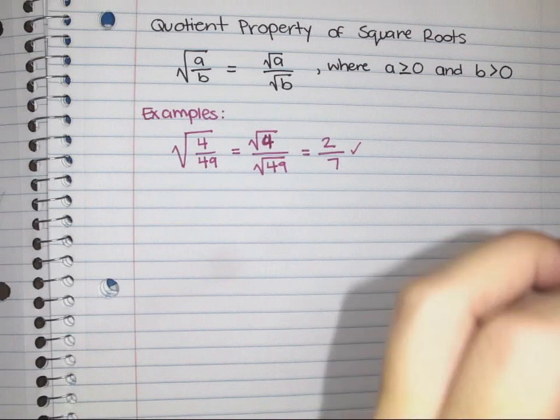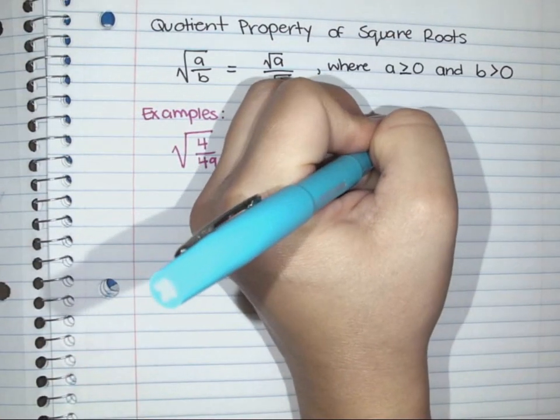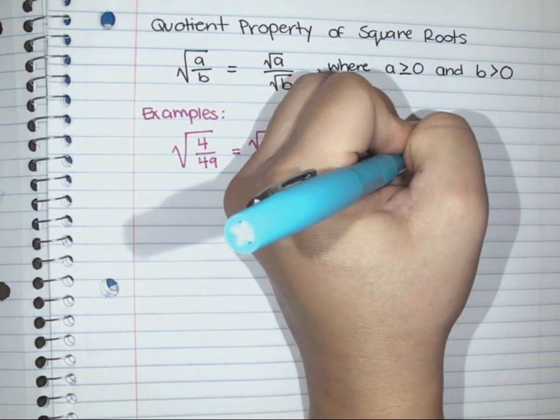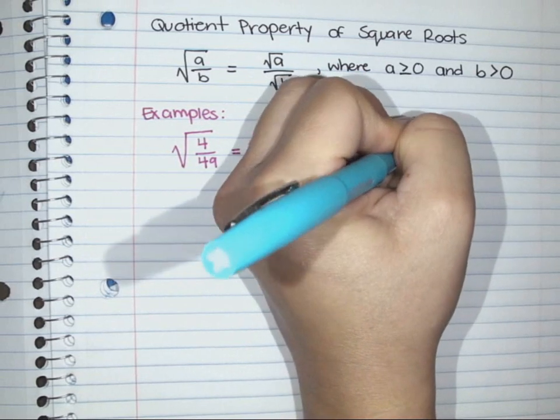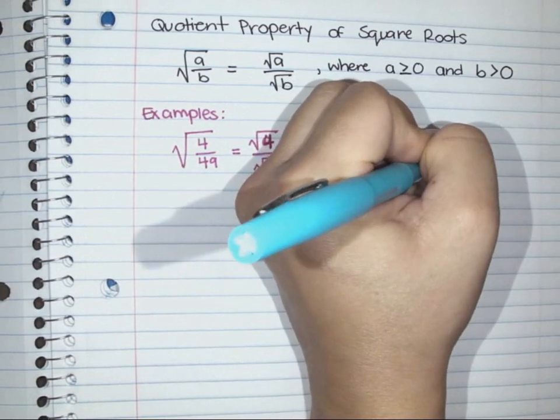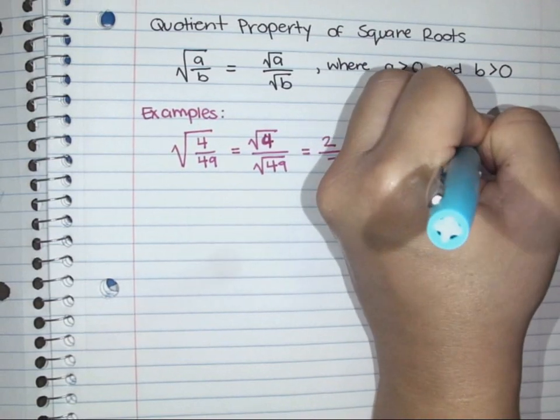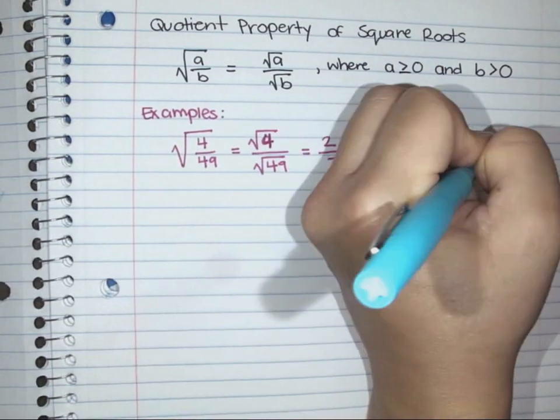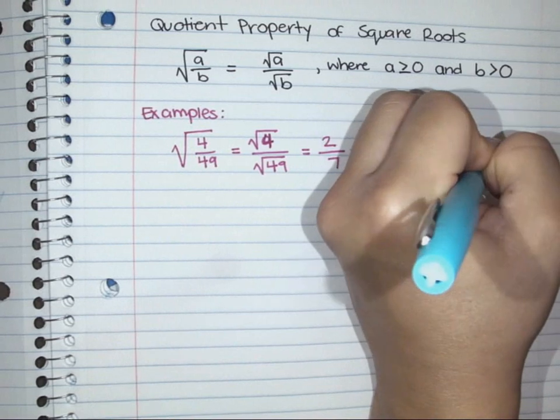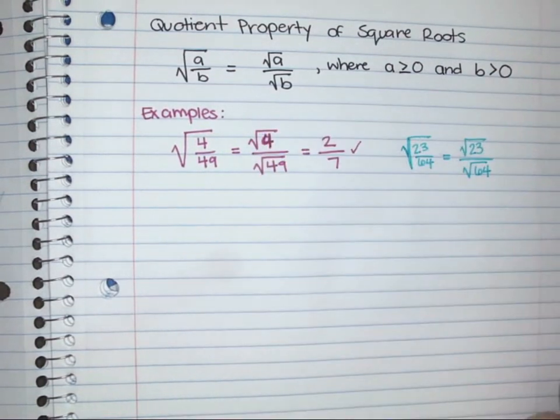We could also get the square root of 23 over 64, which separates into the square root of 23 over the square root of 64.